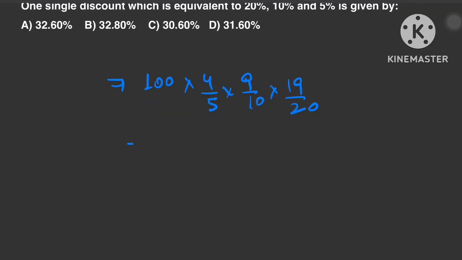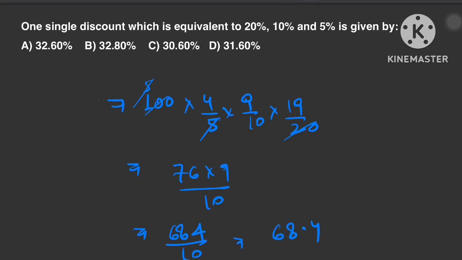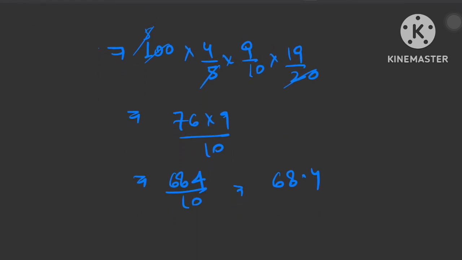Okay, further solve it. We will get 68.4. Okay, so what will be the value of the single discount?